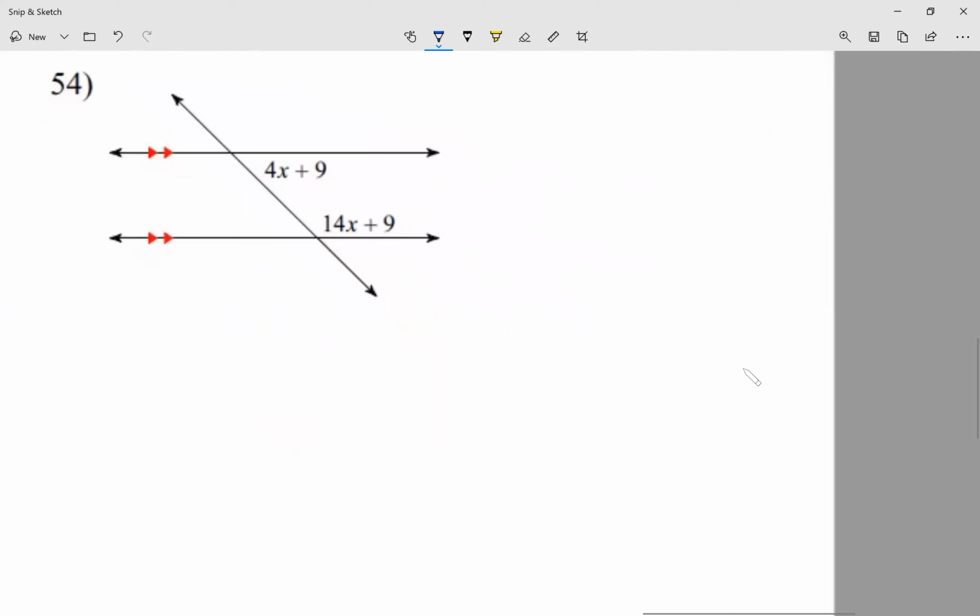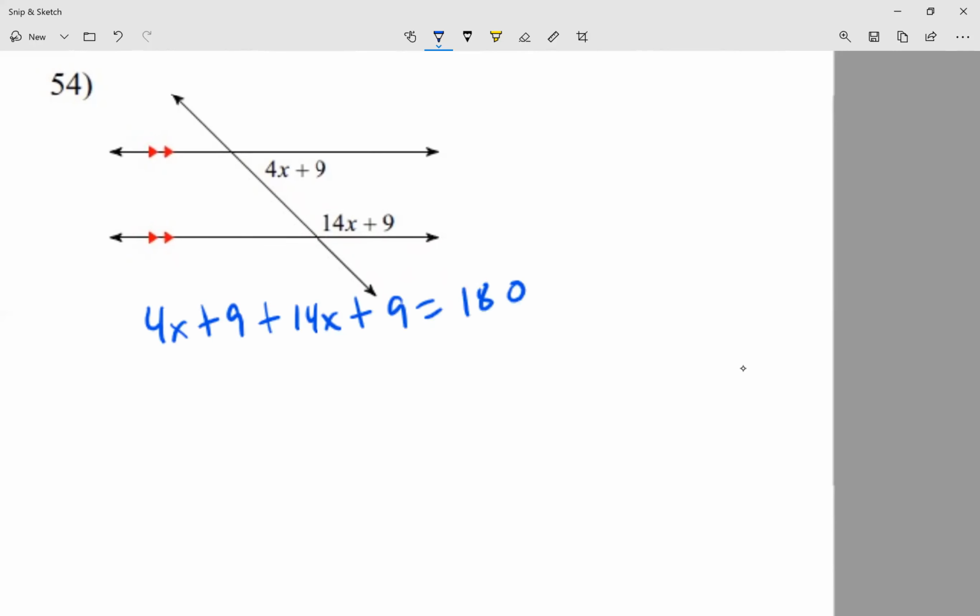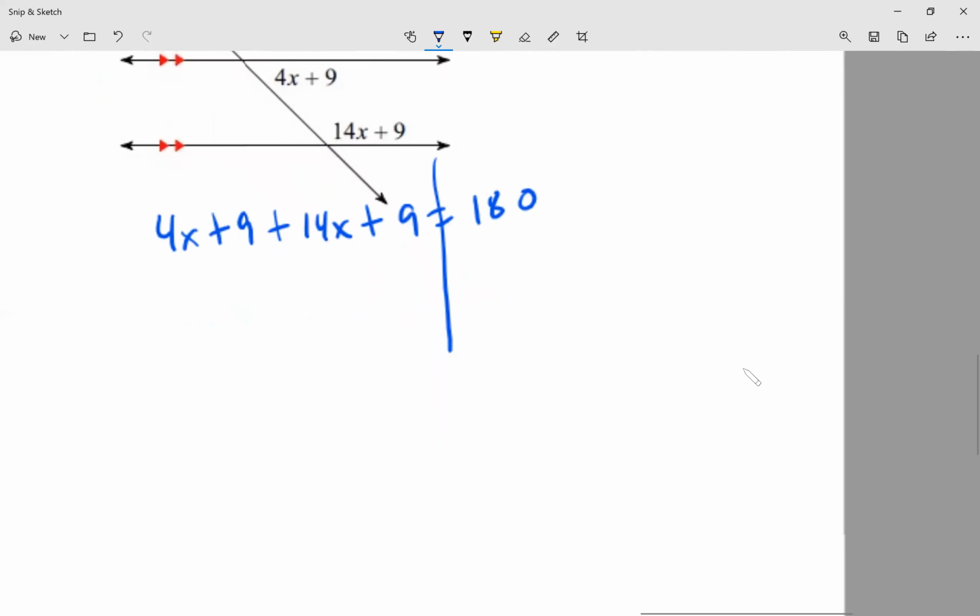Lastly, number 54, this is what I call same side interior. Same side interior, I know I add everything and it equals 180. So 4x plus 9 plus 14x plus 9 is equal to 180. We separate them at the equal sign. When it comes to letters, I get 18x.